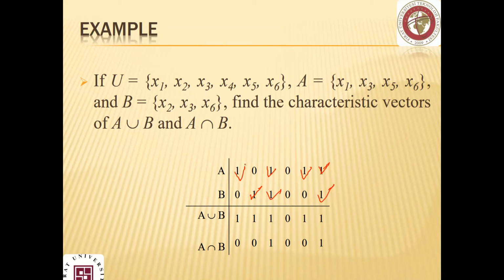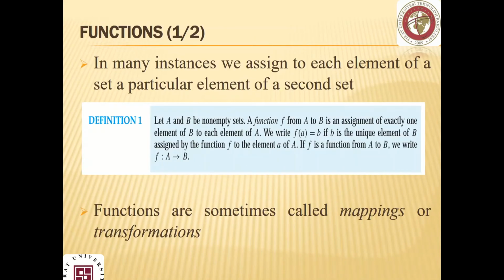Take the intersection: since you see a 0, that's directly a 0. Then these two are 1, that is 1. Again 0, and this is 1. These two are 1s, then this is 1. I believe this is easy because you are familiar with this. We explained it in detail before.